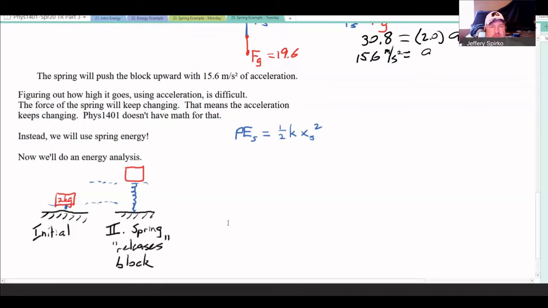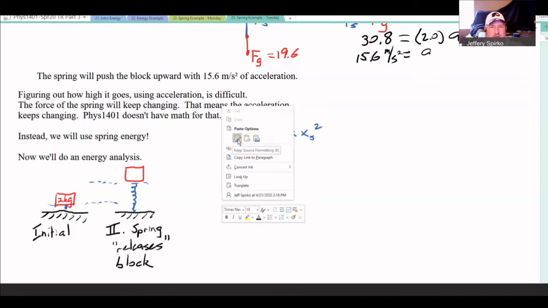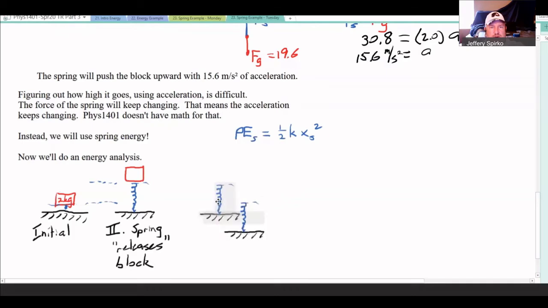And then I want one more where we have this and the block goes up here somewhere. And I'm going to call this condition 3. So this is condition 1 and max height.